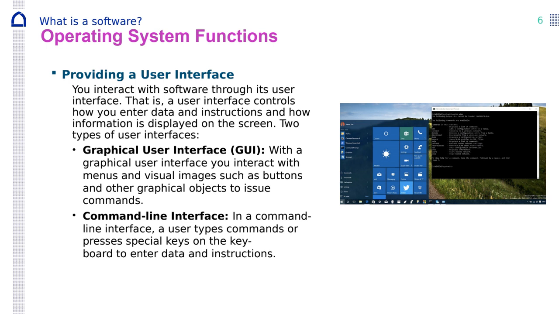GUI, graphical user interface: you have menus, it's easy to use, friendly. The other one is CLI, Command Line Interface. You have a black screen and you have to type the commands. So you need some more expertise in order to use the CLI.